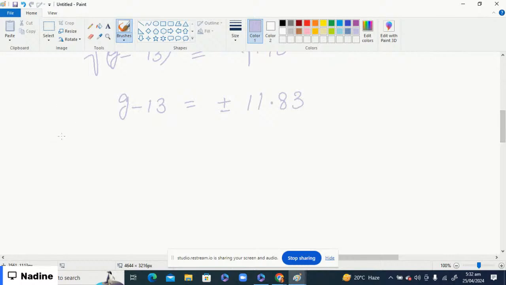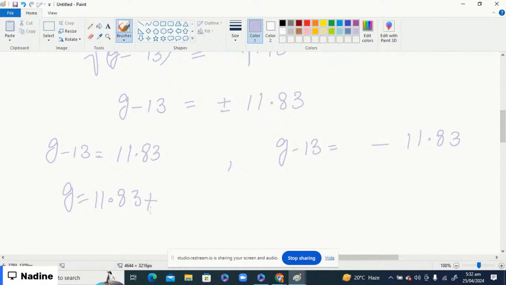Separate out by using plus sign. Separate out by using negative sign. So what's the answer? This should be 24.83.